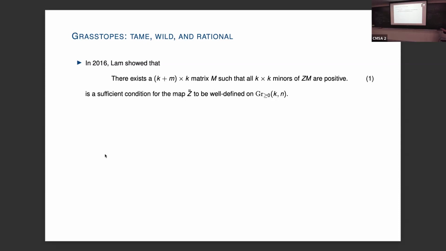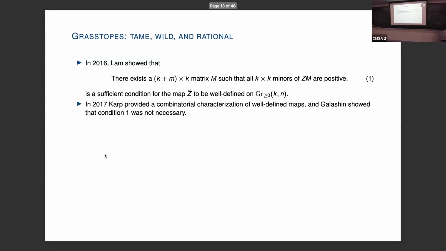The question was whether this is a necessary condition as well. Shortly after that, Steven Karp provided a different, combinatorial characterization of well-defined maps. And then Pavel Galashin showed that condition 1 is not necessary. There are cases where this is not satisfied, but Karp's condition is satisfied.